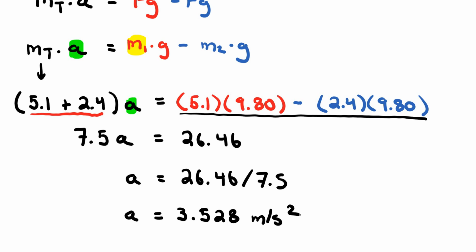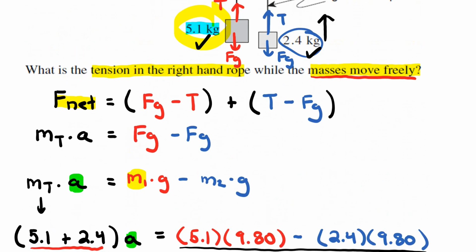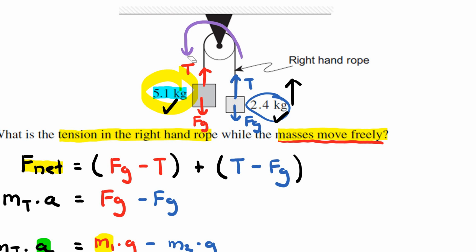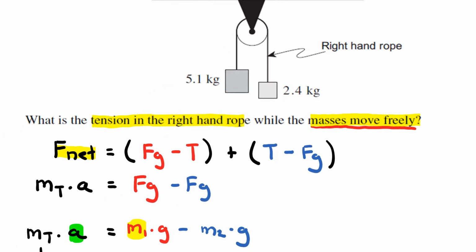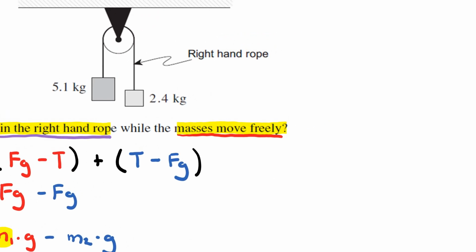All right, and I'm going to use this particular number to go back now to find the tension in the rope. Okay, so let's go back and erase some of the information that we have over here. And we want to find the tension in the right-hand rope. Okay, so here's the right-hand rope. As mentioned, in the free body diagram, there's a tension there, and there's also a force of gravity going downwards there.